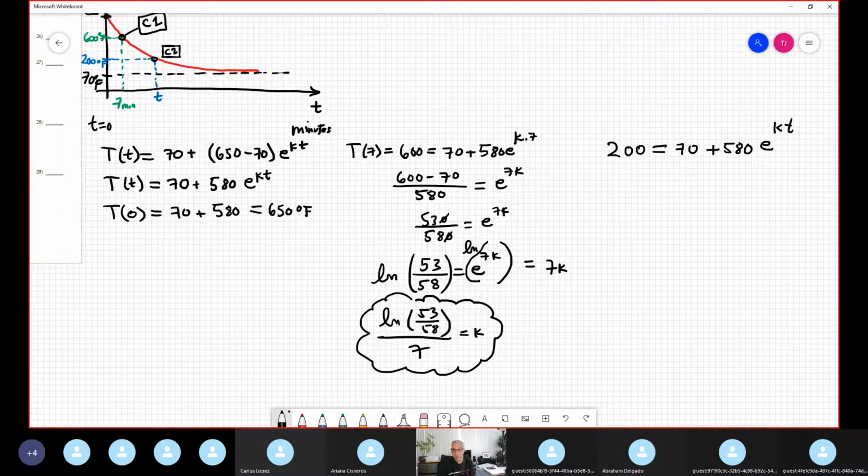Okay. Now t is my goal. It's 270 minus 70. 270, no, 200. Sorry. 200 minus 70 divided by 580 equal to e to the kt. Okay, 200 minus 70.